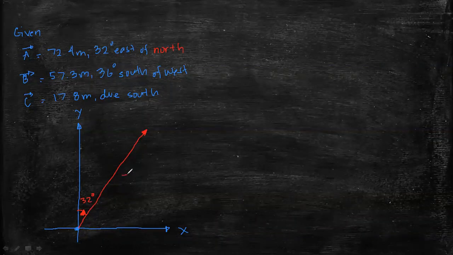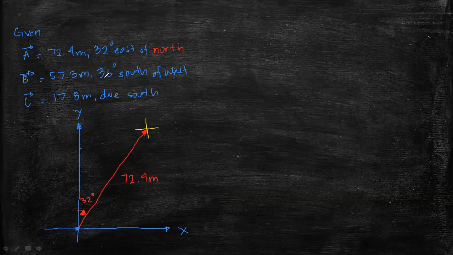So we have 72.4 meters. Next, 57.3 meters, 36 degrees south of west. So from the head of vector A, it's going to be our new origin.